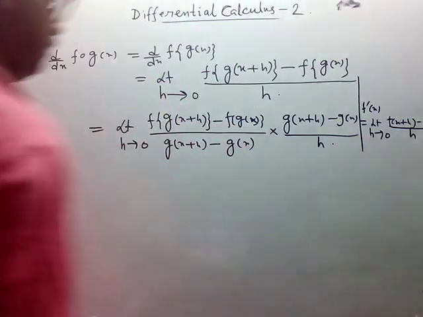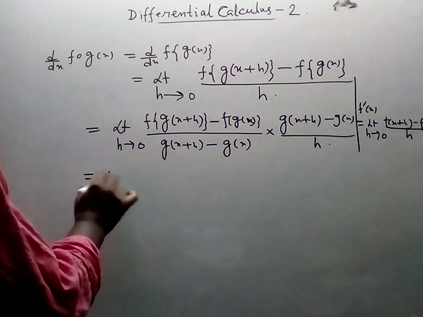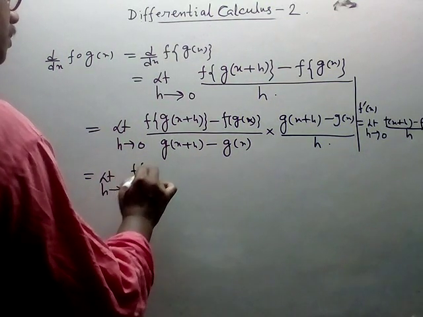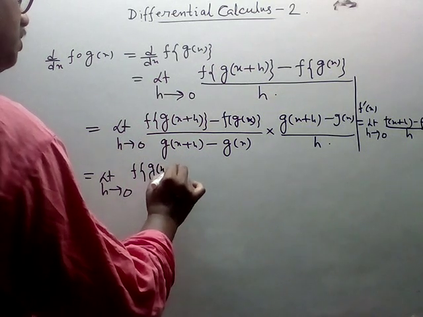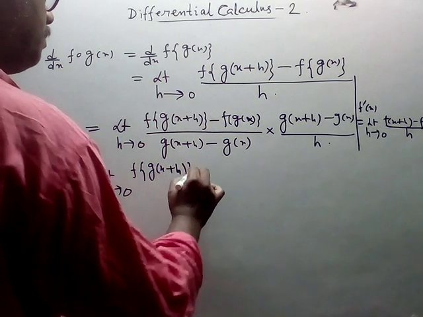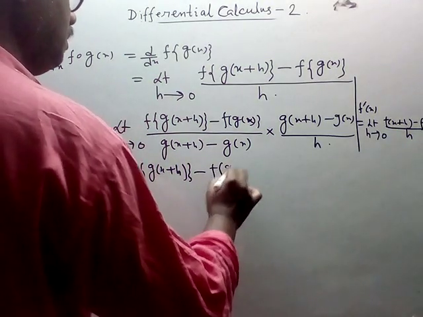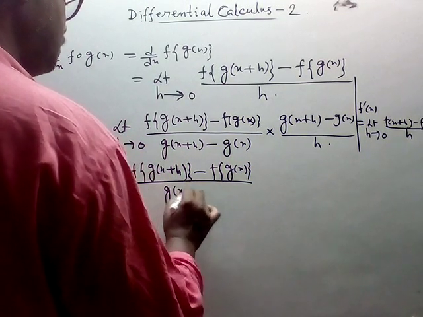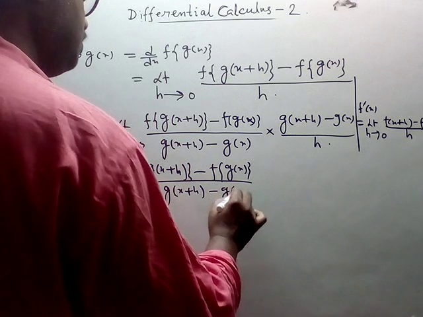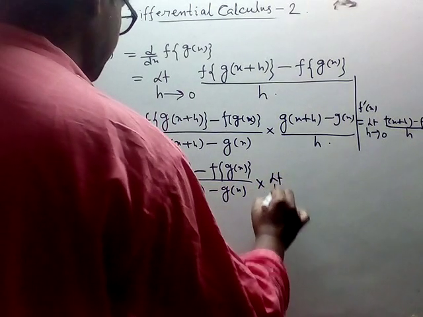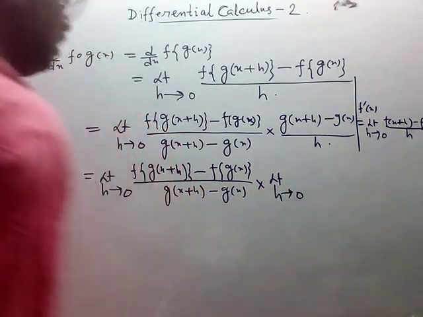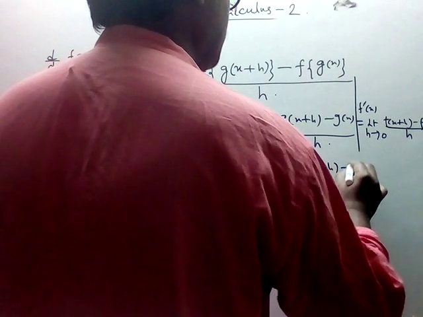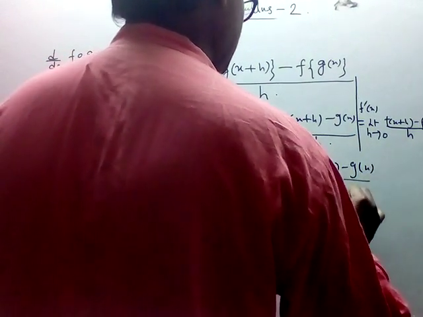Then it equals limit h tends to 0 of f of g(x plus h) minus f of g(x) by g(x plus h) minus g(x), into limit, split the limit into two parts, g(x plus h) minus g(x) by h.